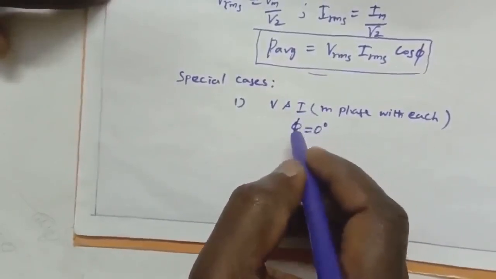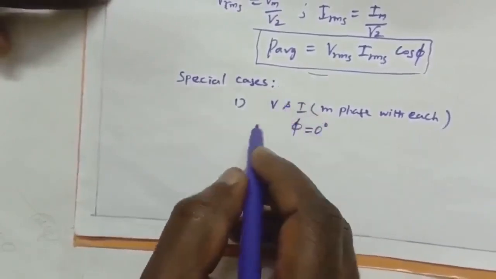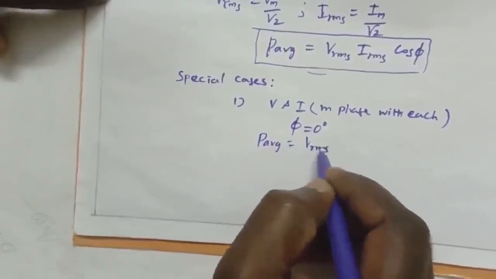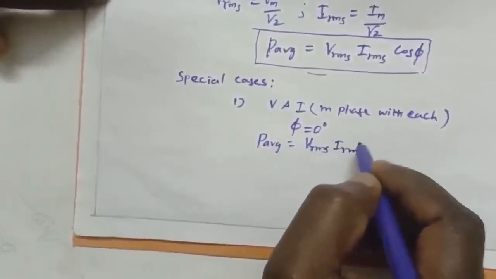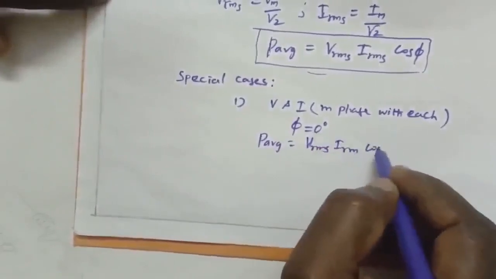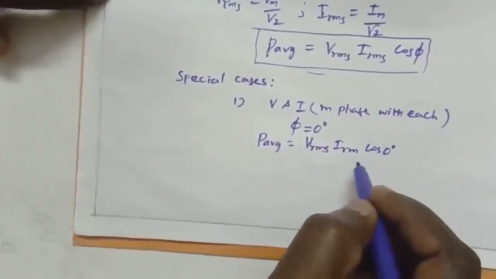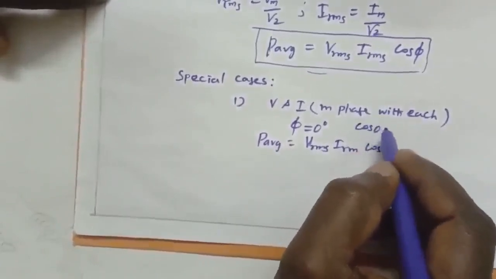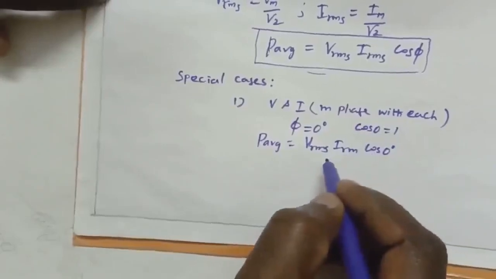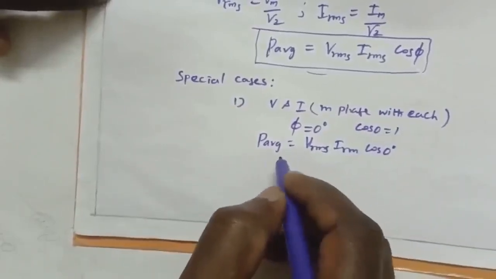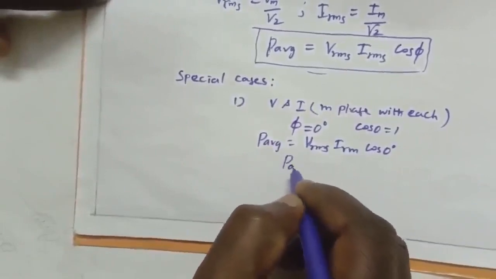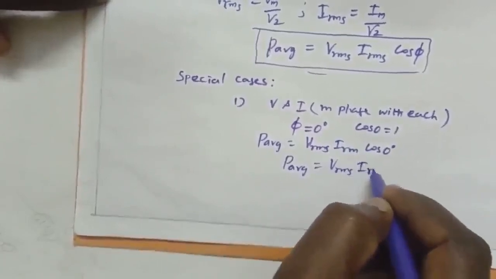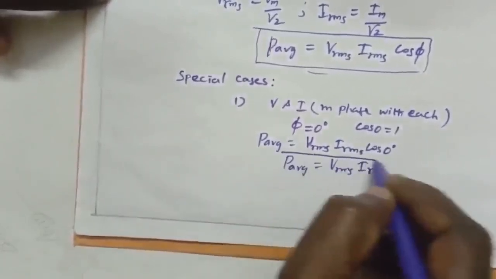Now substituting in the power average: the power average is equal to Vrms Irms cos phi. What is the angle? 0. Cos 0 is equal to 1. So total average power P is equal to Vrms and Irms. So the maximum power is produced.